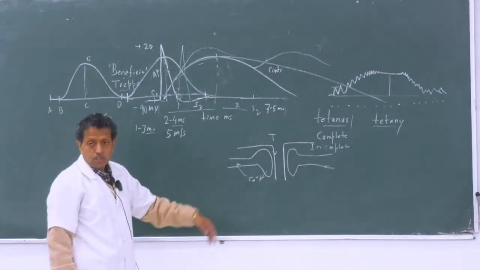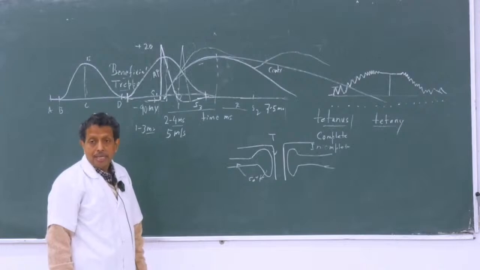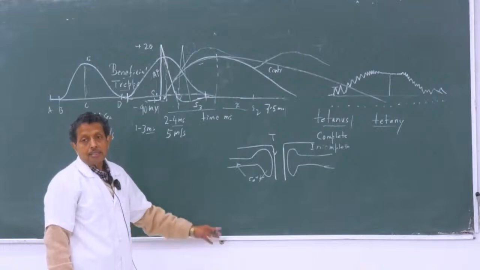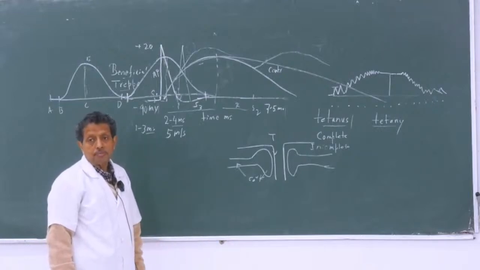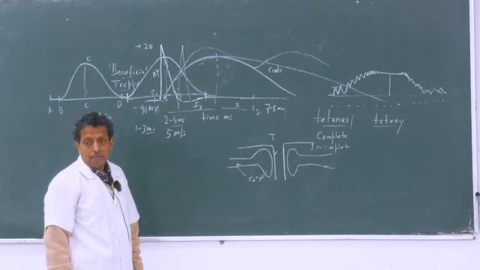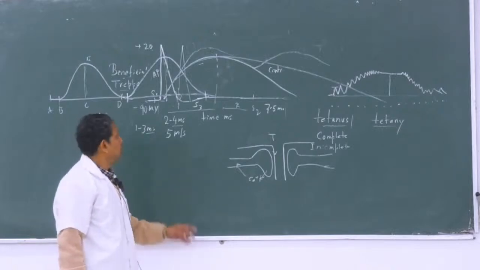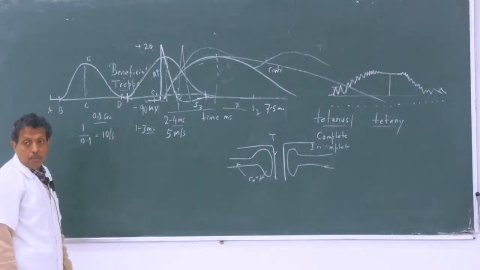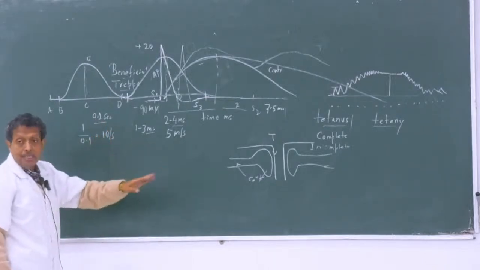So after the single action potential, if there is no electrical activity, then there is no contraction, there is relaxation, and that is evident by the muscle twitch, or in the amphibian preparation it is called a simple muscle curve, the mechanical response. It is the mechanical response, not the electrical, but it reflects the electrical phenomenon.